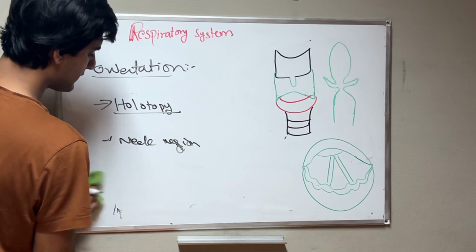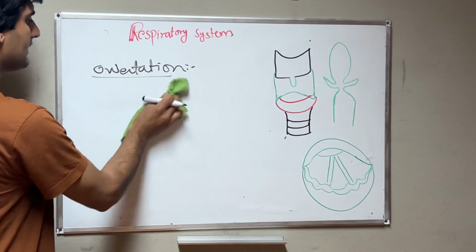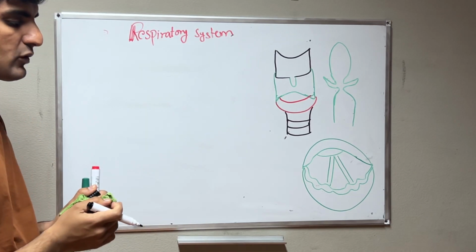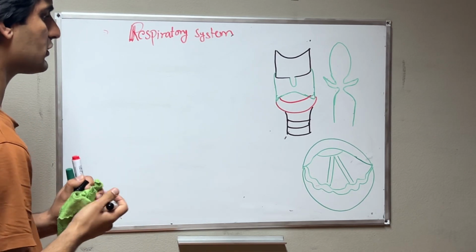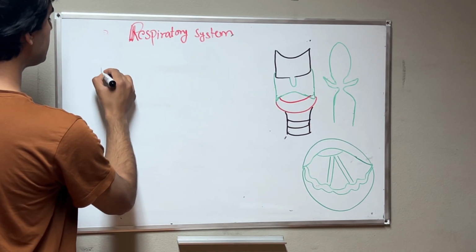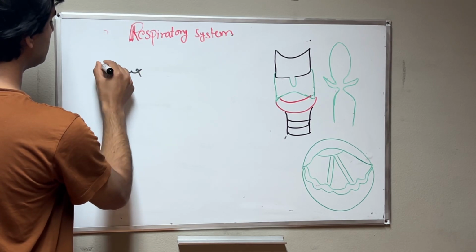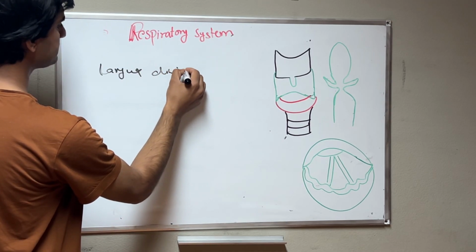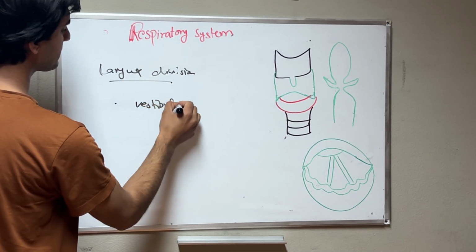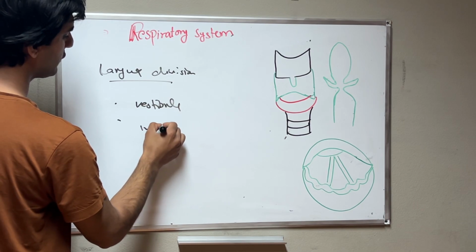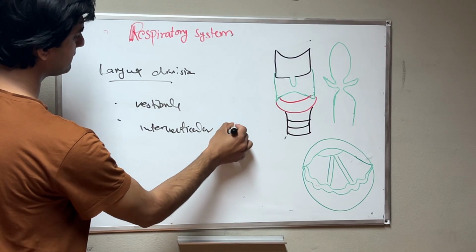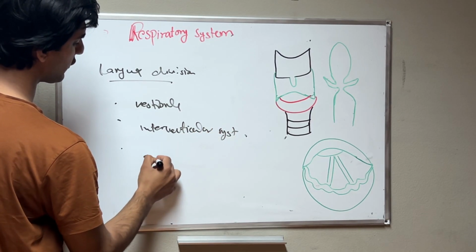Now, second, we will talk in more detail about the orientation. According to Sapin, the larynx is divided into the vestibular, interventricular system, and subvocal cavity.